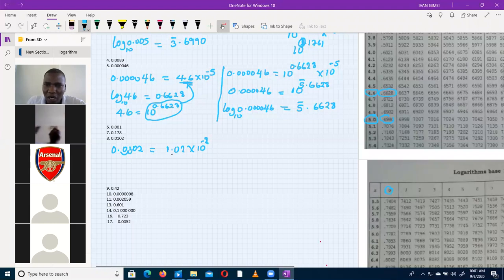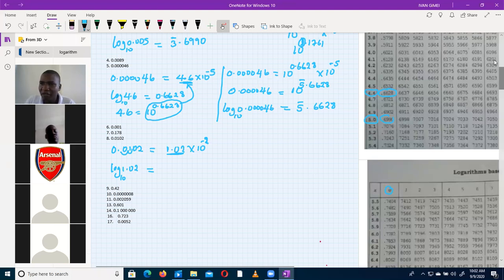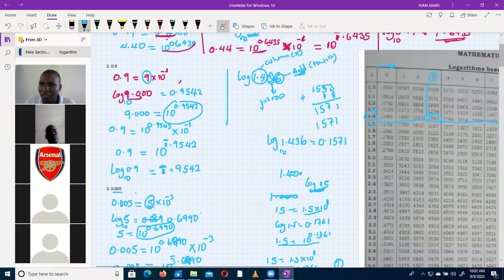And then what will be the logarithm of this? Log of 1.02. What will it be equivalent to? We come to our table. My first 2 digits are 1.0. 1.0 is here. What will be the next digit? Next digit is 2. 2 is this.